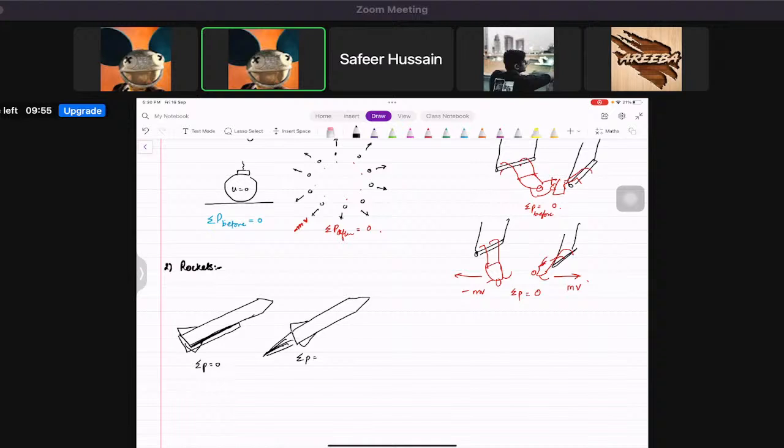What do you say? So you need to always think about the law cannot break. Then what could be the reason that the momentum is still zero?